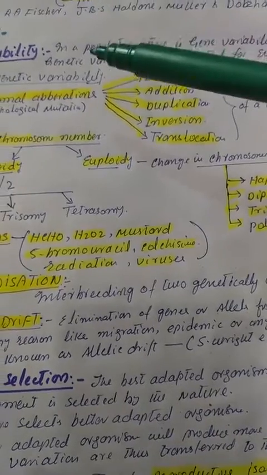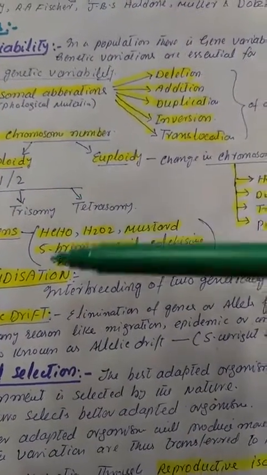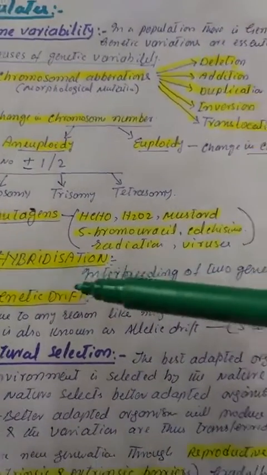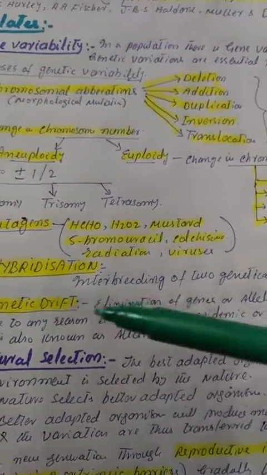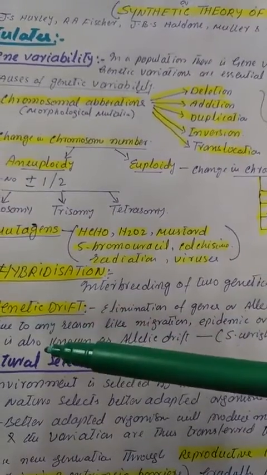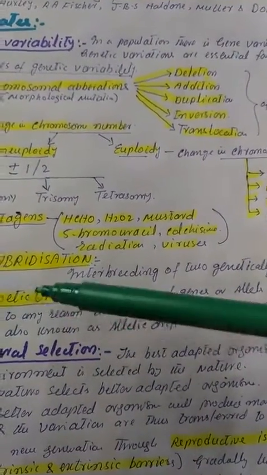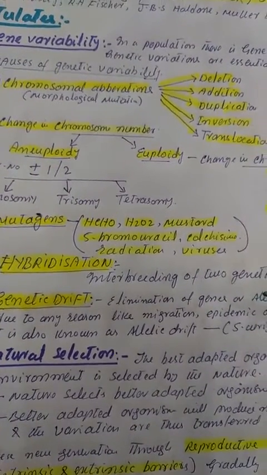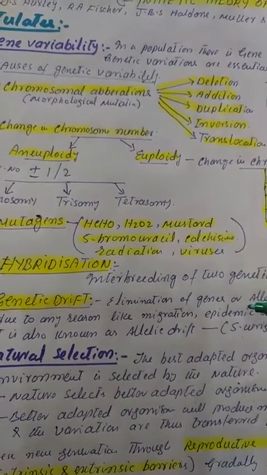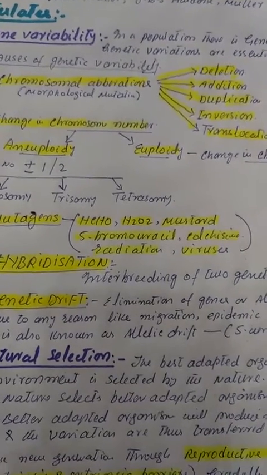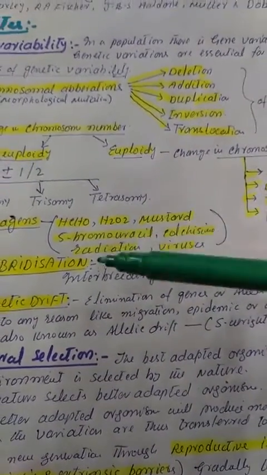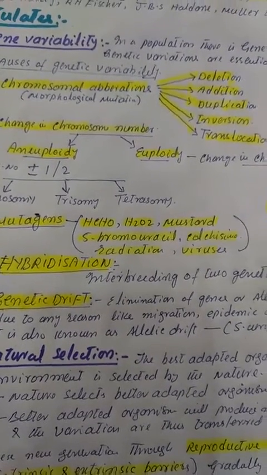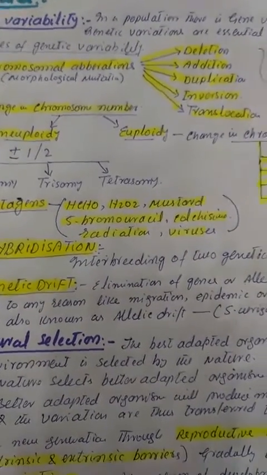Another cause of this genetic variability is known as genetic drift. This is a very important point, mostly asked in the examinations. Genetic drift means the elimination of genes, or we may call them alleles, from a population due to any reason like migration, epidemic, or any other disorder or disease.